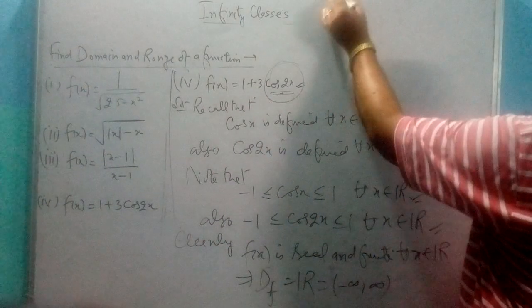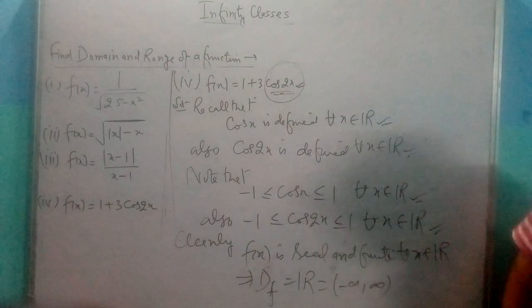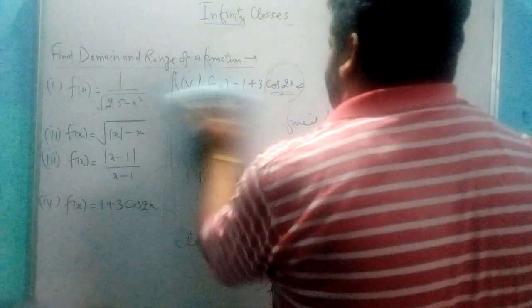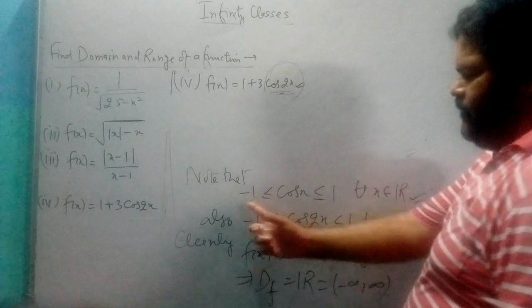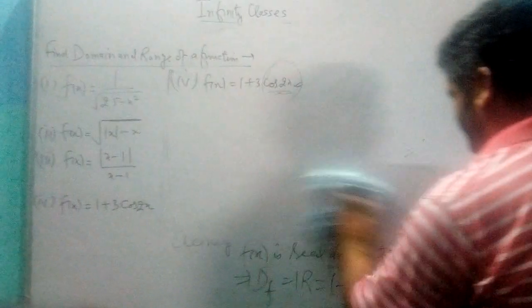For range, recall that the value of cos x always lies between minus 1 and plus 1, either angle is x or 2x or x by 2, 3x.